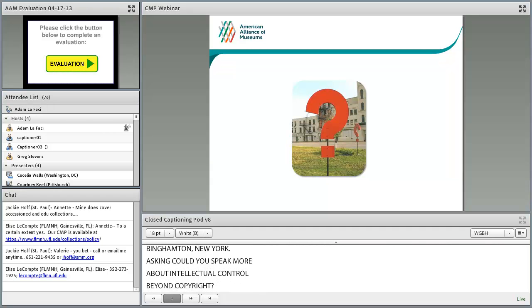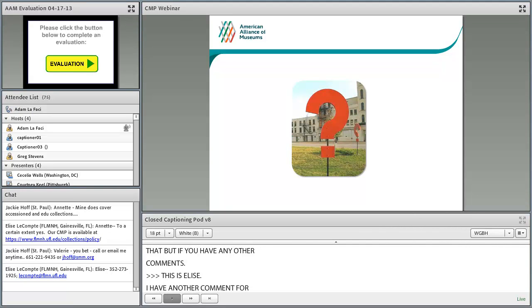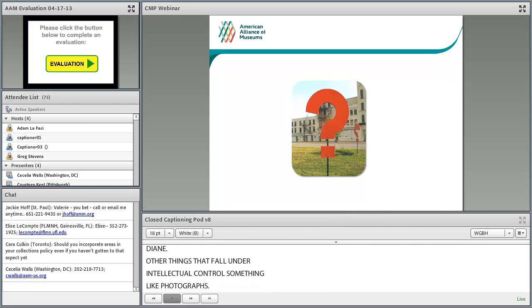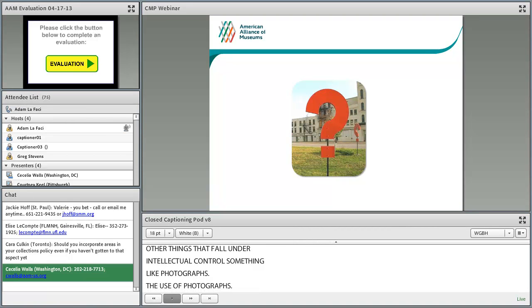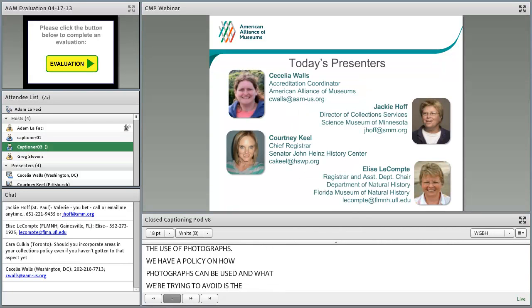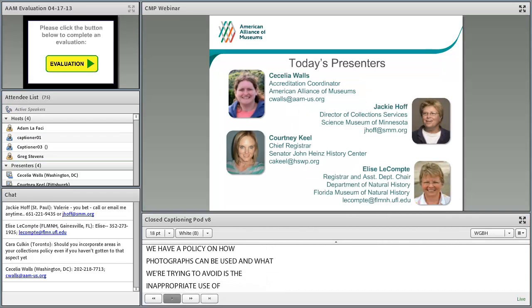This is Elise. I have another comment for Diane. Other things that fall under intellectual control include photographs, the use of photographs. We have a policy on how photographs can be used, and what we're trying to avoid is the inappropriate use of photographs. One of the best examples I heard about this was a historic house museum in Savannah.